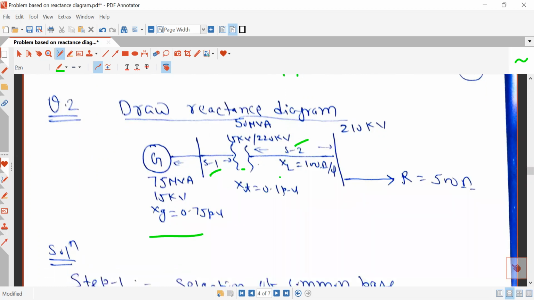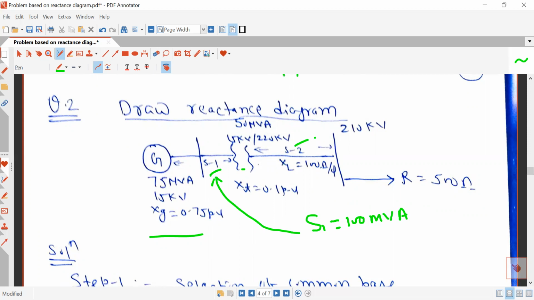Now select a common base. You have to select the common base according to the sections. For section 1, if the common base S1 is 100 MVA, it is up to you. What will be the base MVA for section 1 or section 2? It completely depends on you. You can take any value. You can take a base value of 75 MVA also.